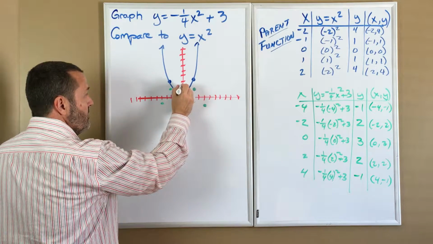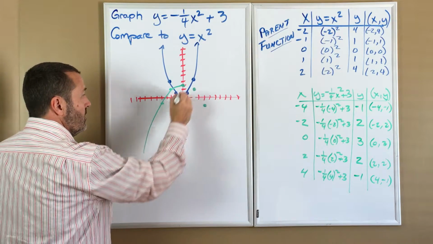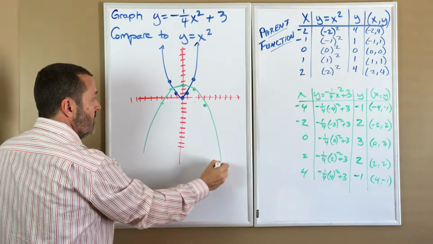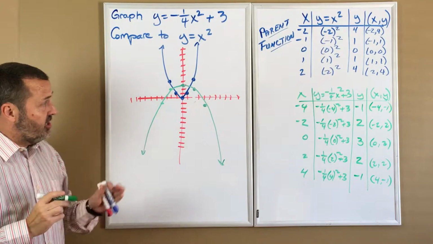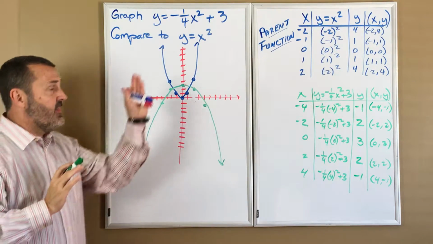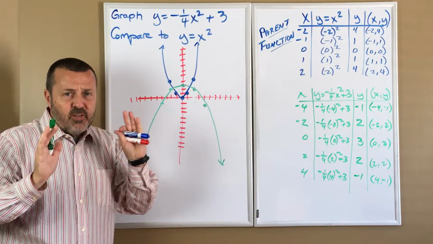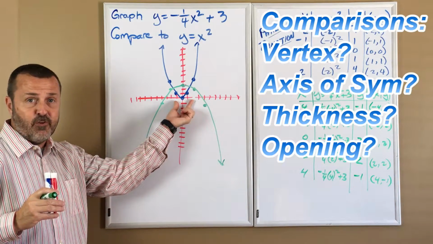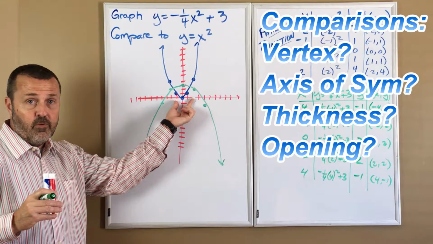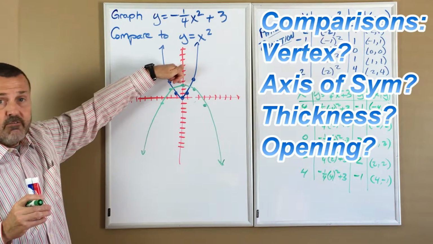Now, what do you notice? My new function looks a heck of a lot different than the parent function. There's some similar characteristics. They both have a vertex, except the parent function's vertex is 0, 0. Where is this function?